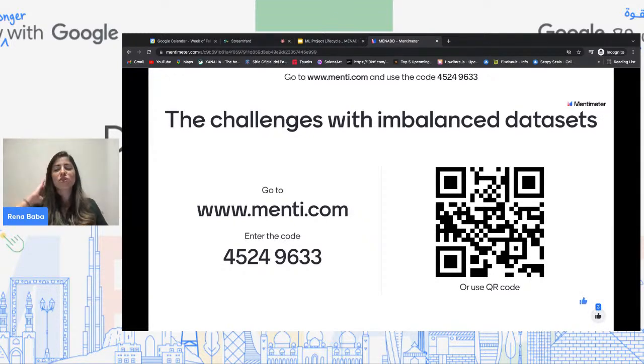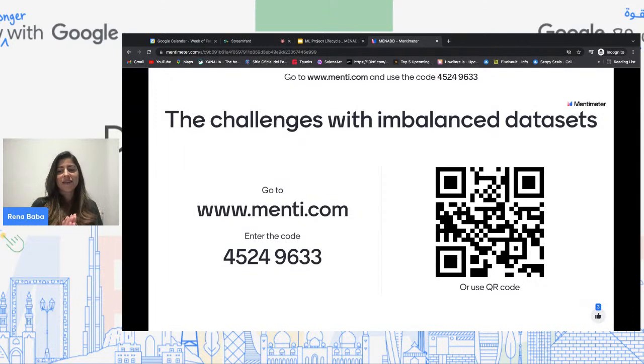Okay, as I'm waiting, I'm just going to tell you about the plan for the next few minutes. Now we're going to talk about the challenges with imbalanced data sets, because as you know, when you talk about employee attrition, it's normal that most of the people in the company will stay, and only a few of them will be leaving.